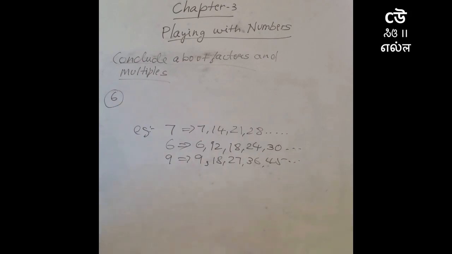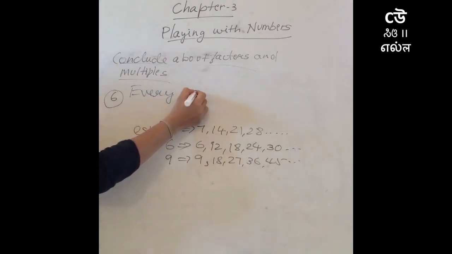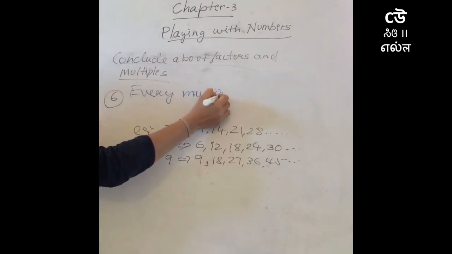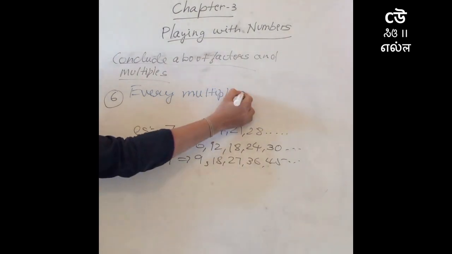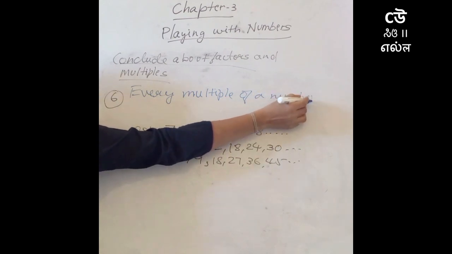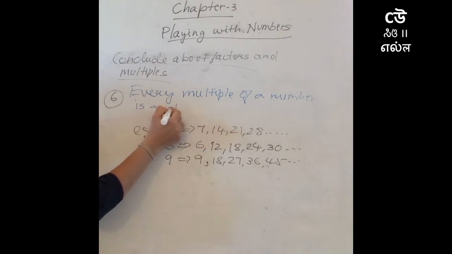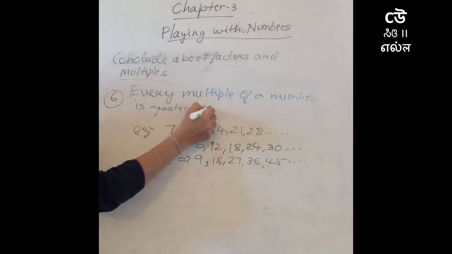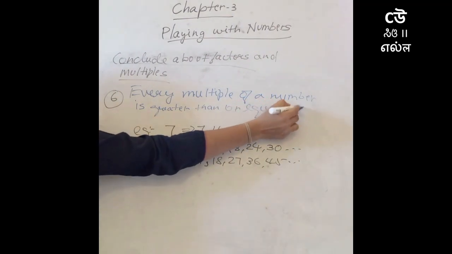We can tell that every multiple of a number is greater than or equal to the given number.